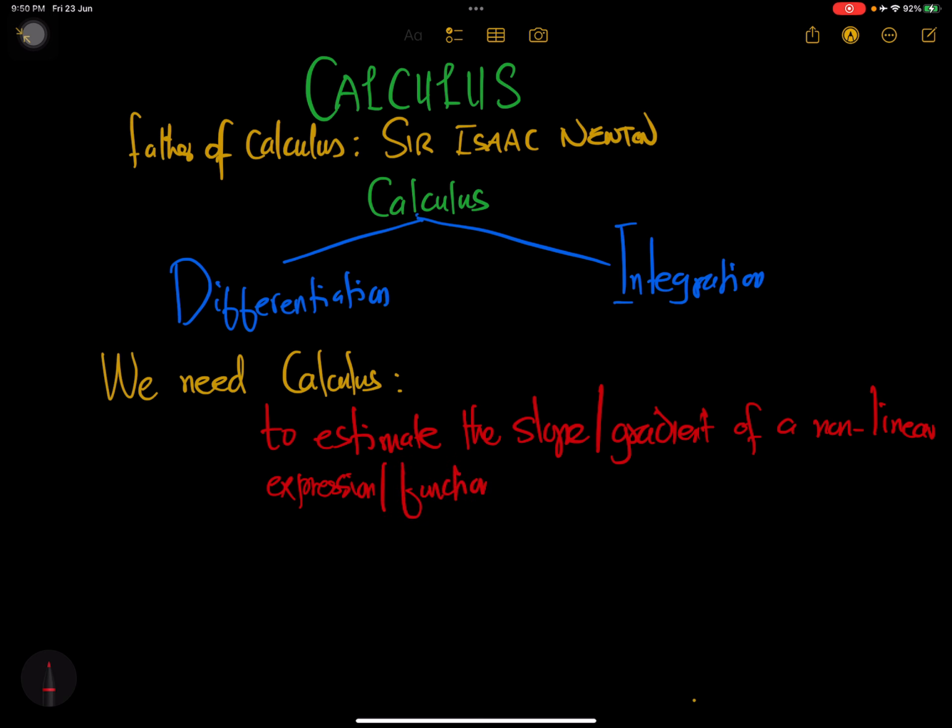So when we are given any expression or function and we want to estimate the slope or gradient of those expressions and functions, we need calculus to do that.